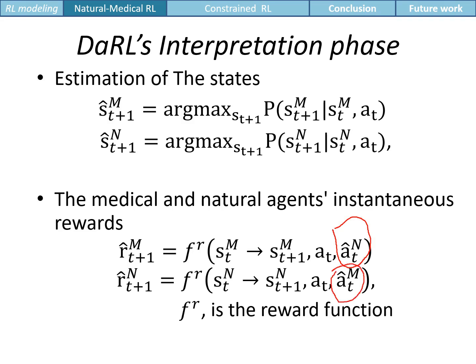So the other agent's action is also part of the consideration of how our reward is towards achieving the task.